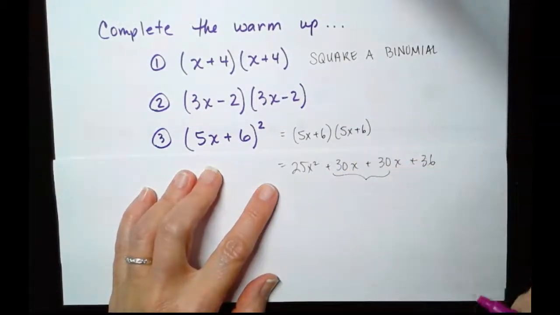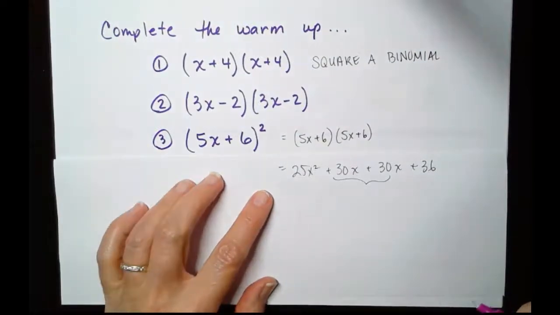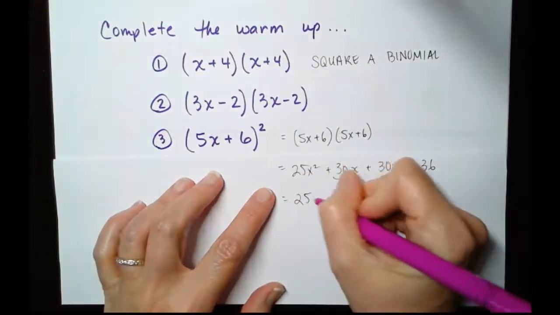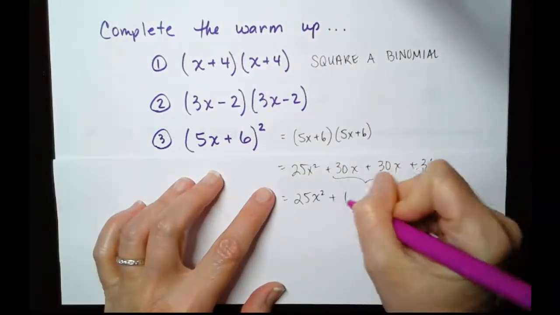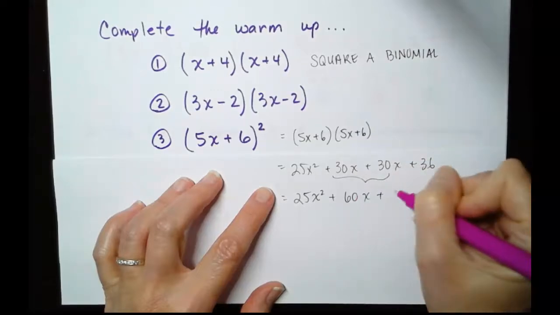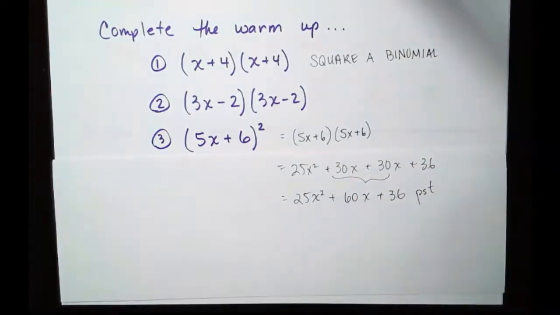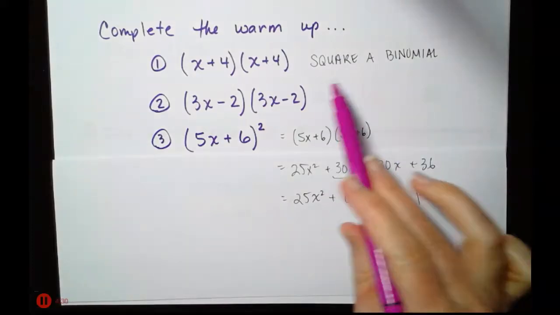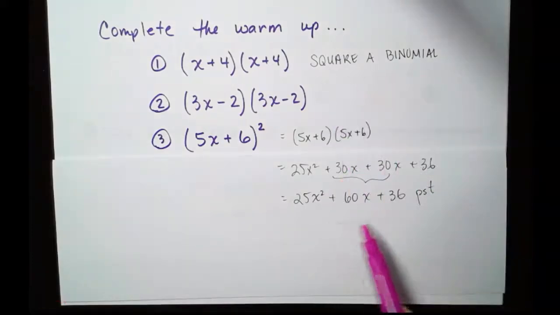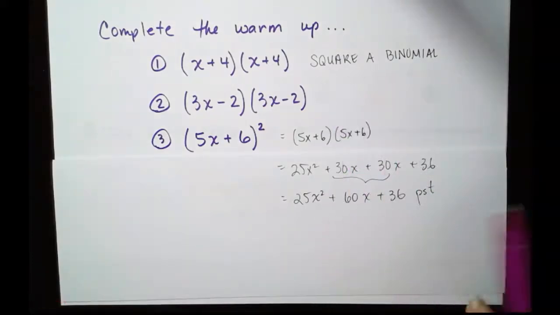And once again, that middle term does get doubled. So 25x squared plus 60x plus 36, and that is a perfect square trinomial. When you square a binomial, you get a perfect square trinomial.